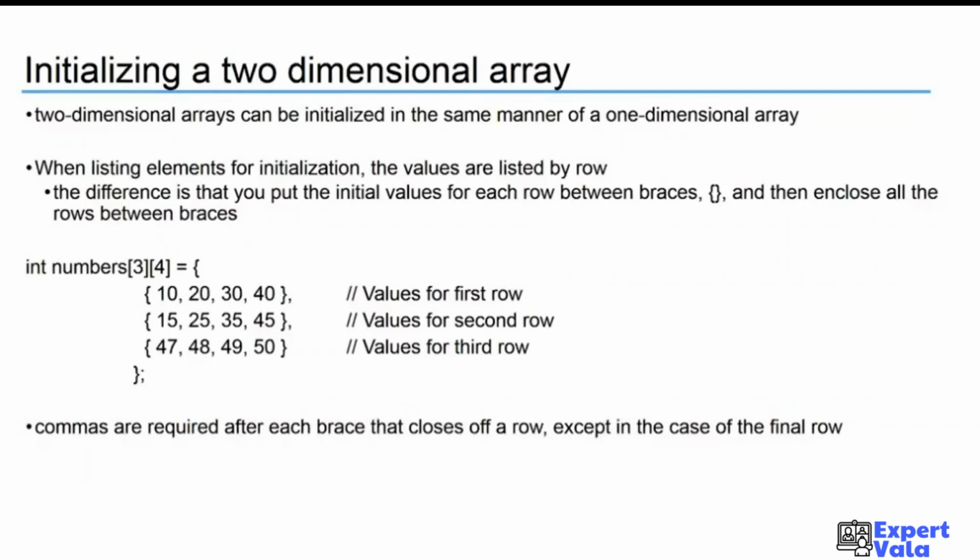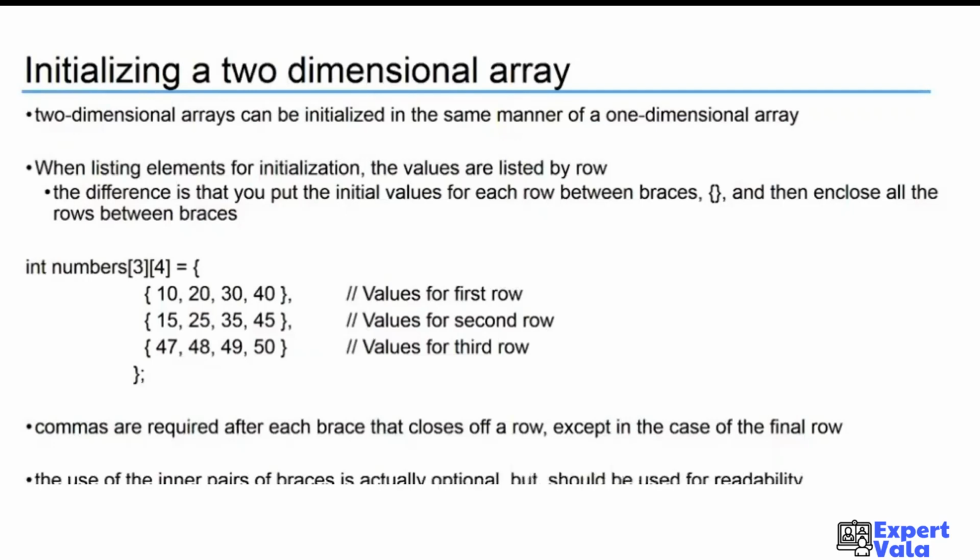You specify the row number, and then the column number is the next specification for accessing the array. But initialization is pretty simple. Just separate things by commas with the brackets, and accessing them, you would access it just like you access a normal array, except you are accessing this concept of a row and a column.